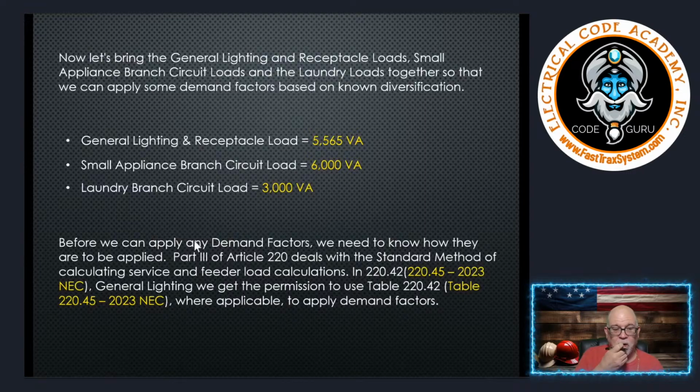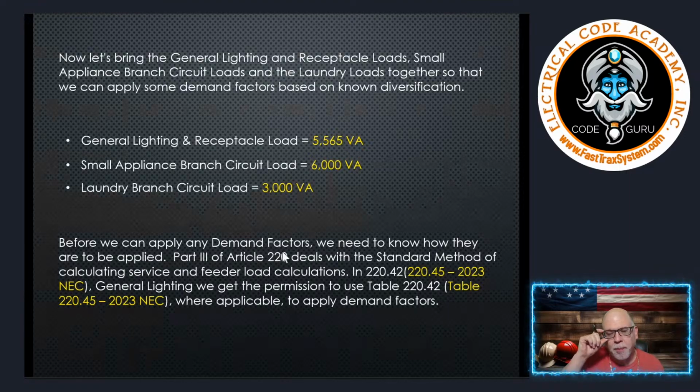So what we have so far is our three values that should match what you have on your form. I've got 5,565 VA for the general lighting and general load, 6,000 for the small appliance, and 3,000 for the laundry in the dwelling we're working on. Now, before we can apply any demand factors, we need to know how they are applied.